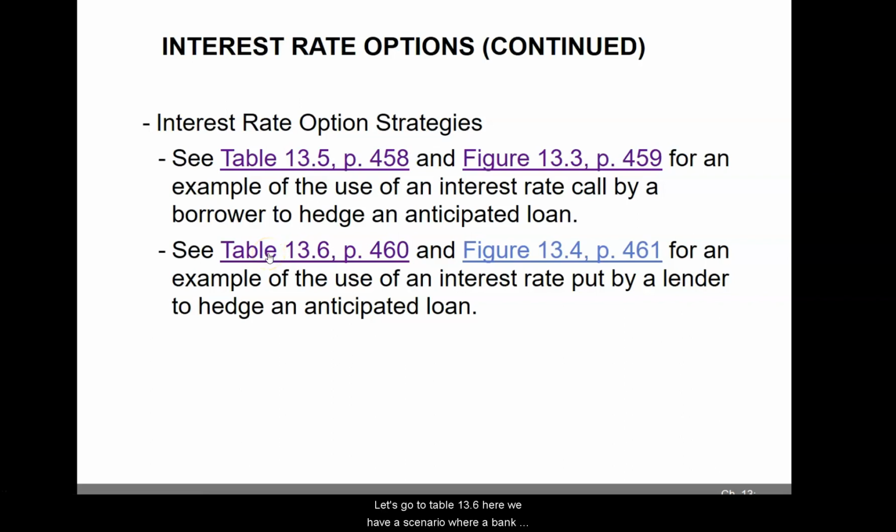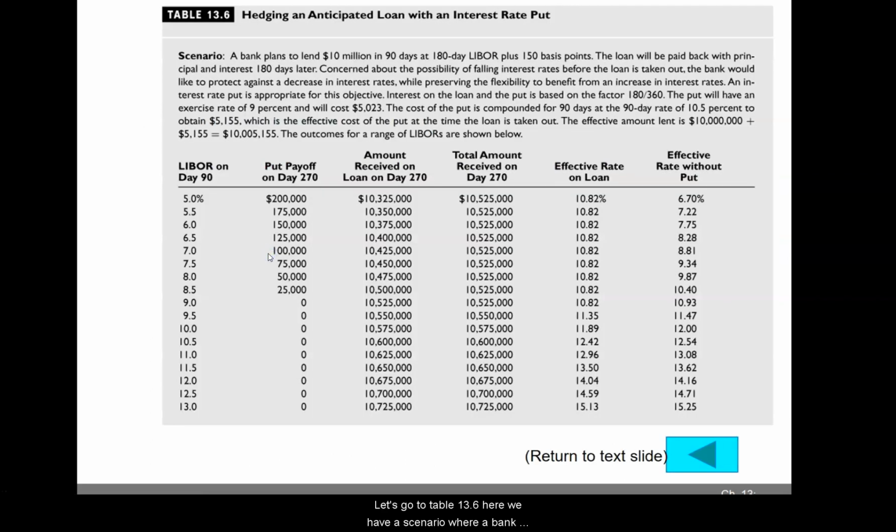Let's go to table 13.6. Here we have a scenario where a bank is planning to lend 10 million in 90 days from now, and it wants to lend for 180 days, and the underlying rate will be a 180-day LIBOR.